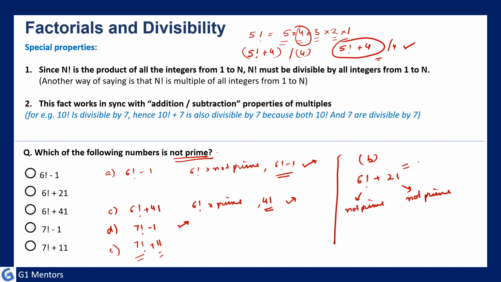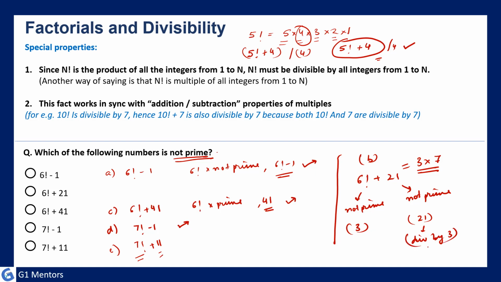The factors of 21 are nothing but 3 and 7 apart from 1 and 21. Correct? So 6 factorial is divisible by 3 as we studied above, and 21 is also divisible by 3.